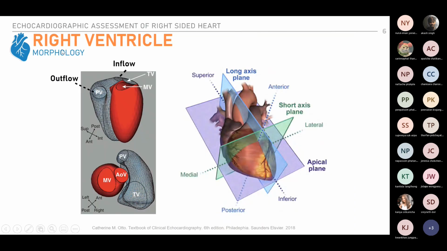And this is the normal shape of the right ventricle. As I told you, it is very complex. So this is the RV shape in 3D, and this picture shows the RV inlet portion and RV outlet portion. The RV inlet is located medial to the LV, and the RVOT, the outflow tract or RV outlet portion, is located superior to the left ventricle.